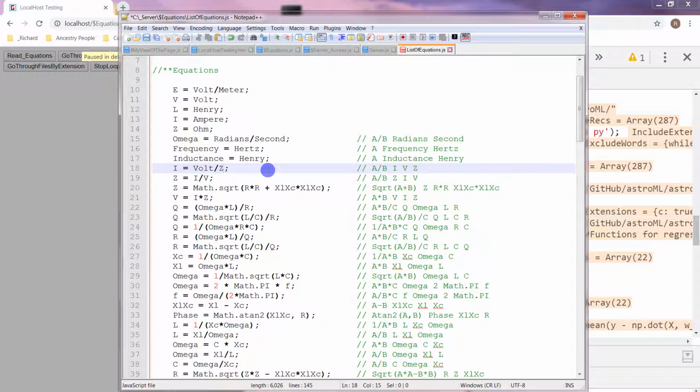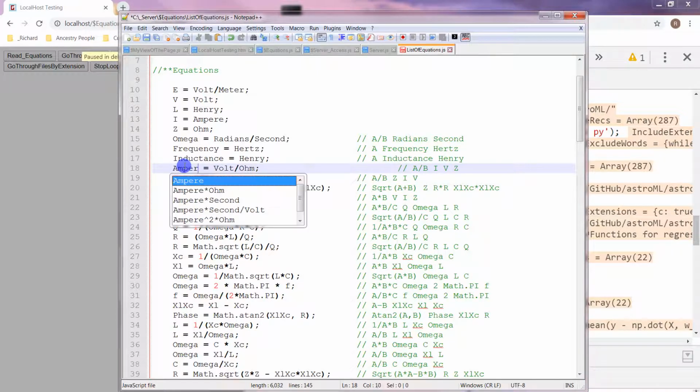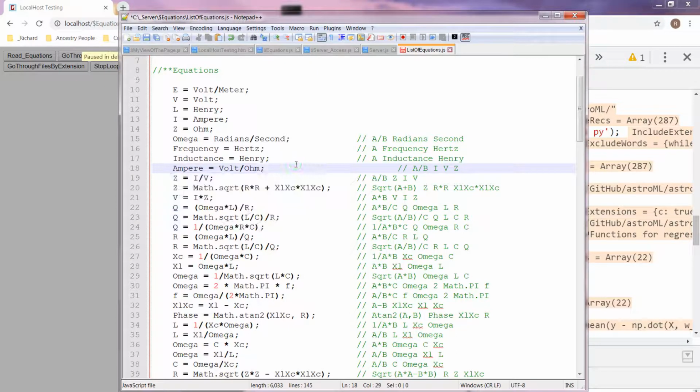I would use a volt per something, you can't say ohm. I think that's probably to work with the direct unit. And this would be then current, or actually ampere equals volt per ohm. I'm going to just Control Z back a few steps.